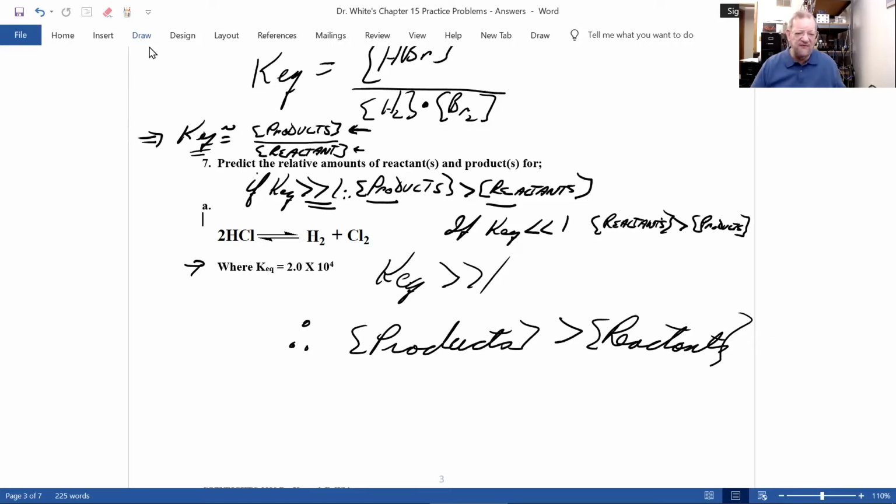And that's because if we look up here, if KEQ is small, the bottom of this fraction, reactants, has to be much larger than the products.